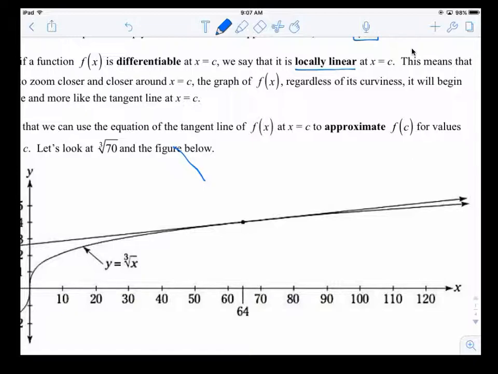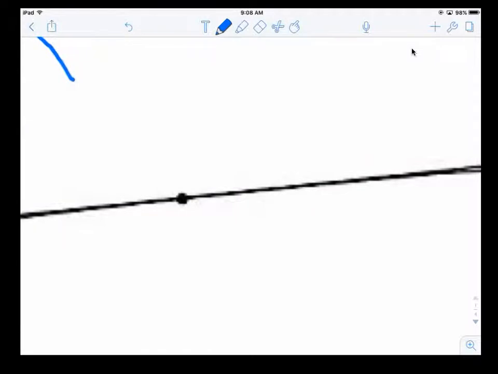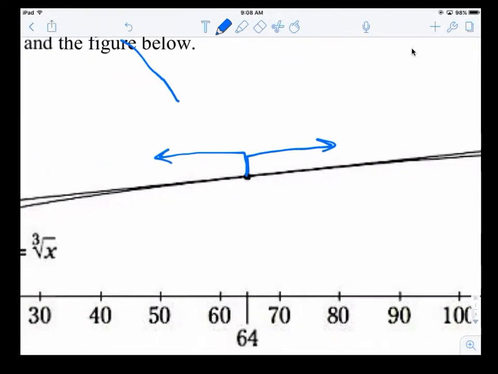So I know what the cube root of 64 is, okay? And I can use that tangent line to help me figure out values a little bit to the left and a little bit to the right.